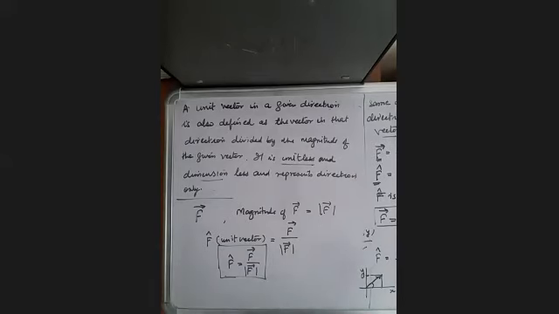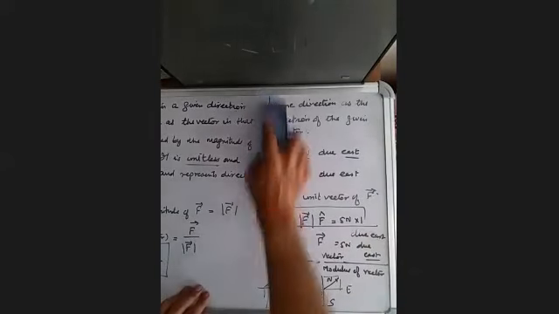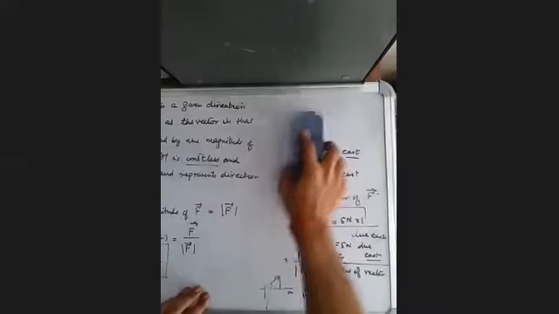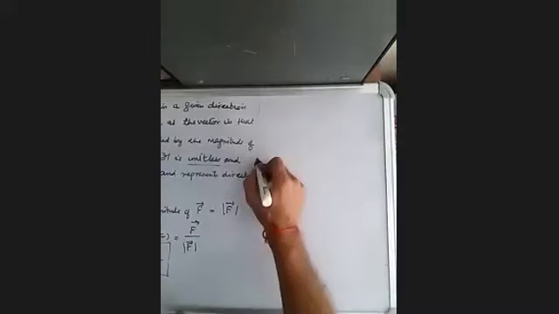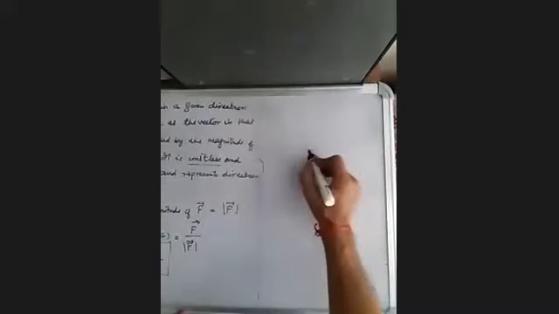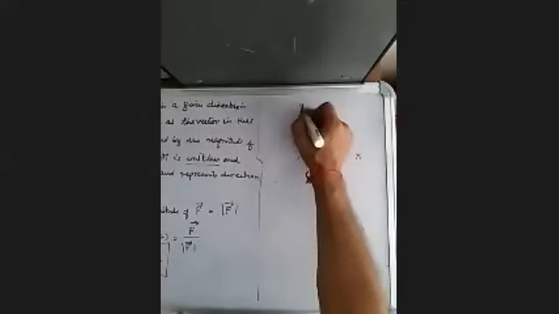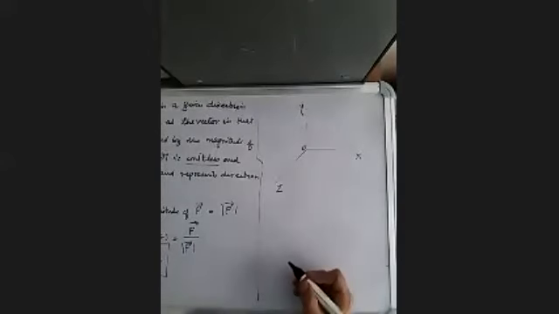Okay. So if we have a coordinate system which is called the Cartesian coordinate system, then i, j, k are the unit vectors along x, y, and z direction. Let us understand. So suppose this is the x direction, y direction, and z direction.